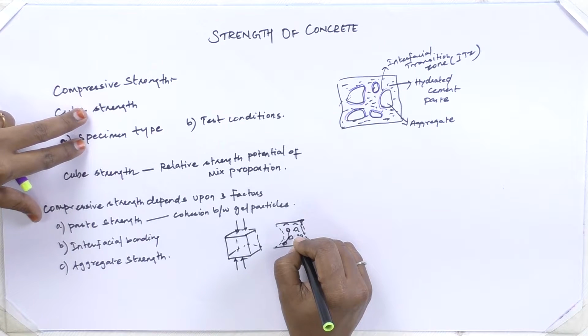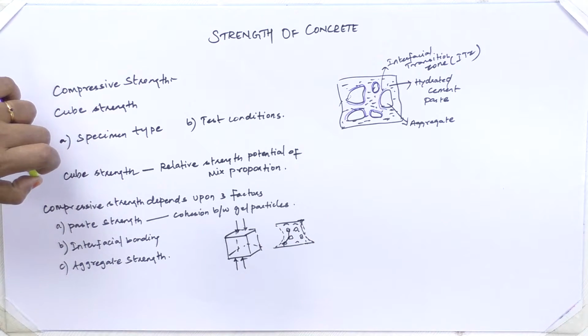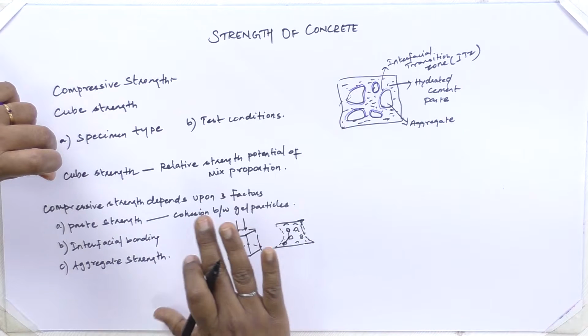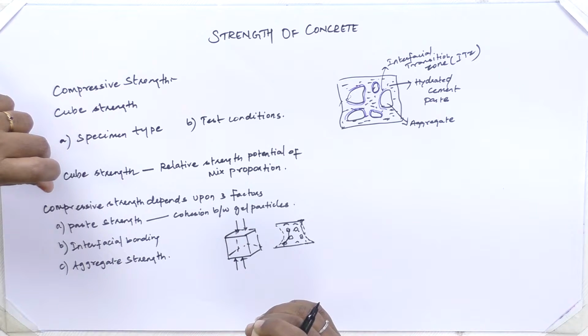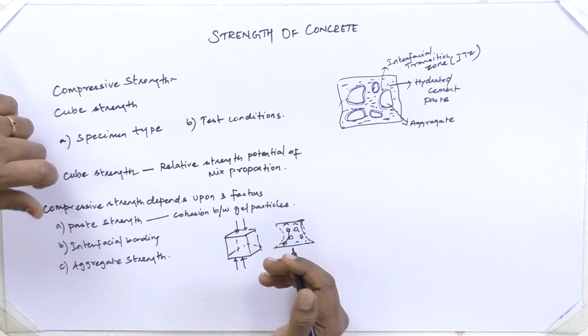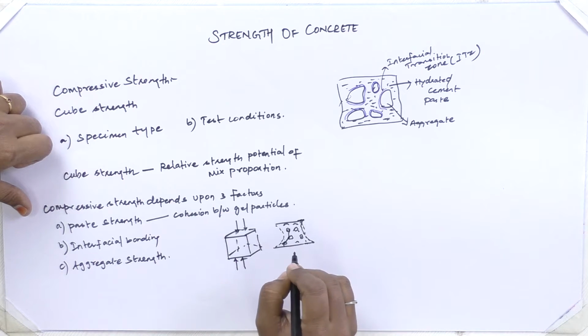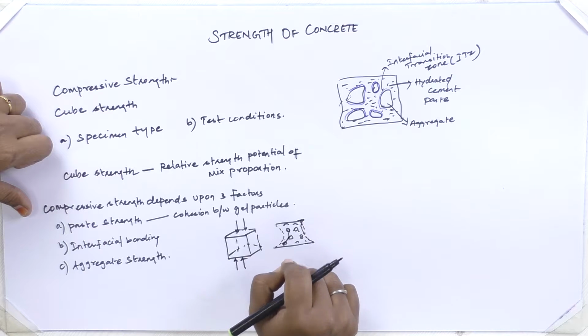If there are no other flaws, then a crack will initiate from the gel pores. If I am having a flaw in my material, then my first crack will propagate from that flaw.